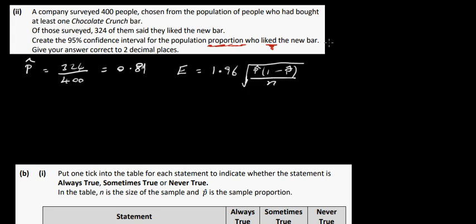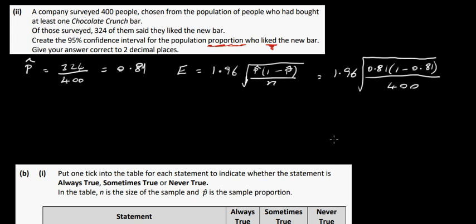Okay, so we've got to just work this out. Now, this is going to be 1.96 times the square root of 0.81 times 1 minus 0.81 all over n, which is our sample size, which was 400. Now, we're going to work out P, the population proportion. Create a 95% confidence interval for the population proportion.